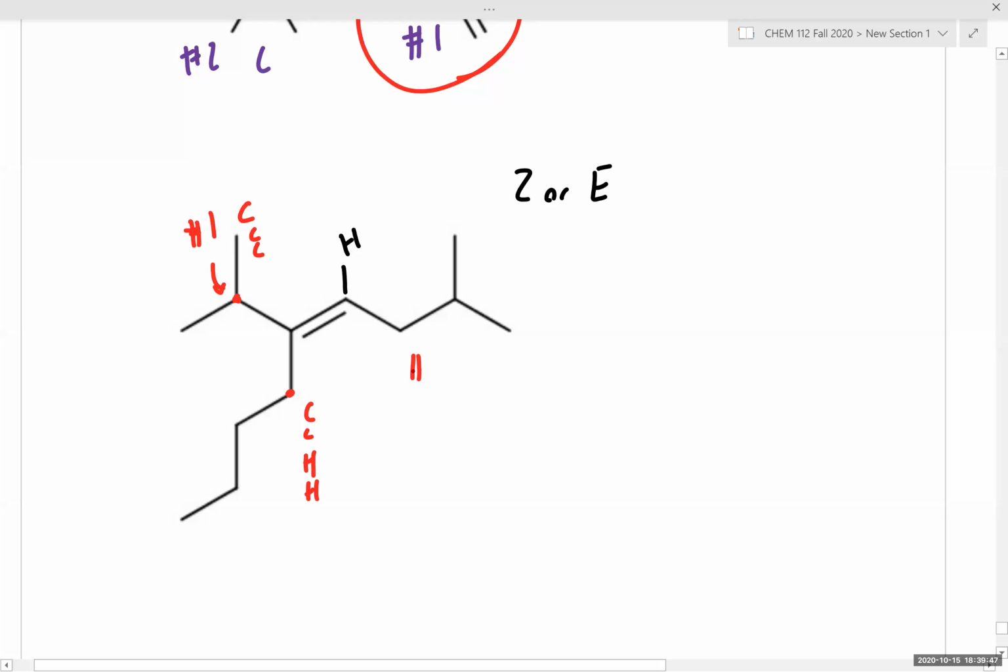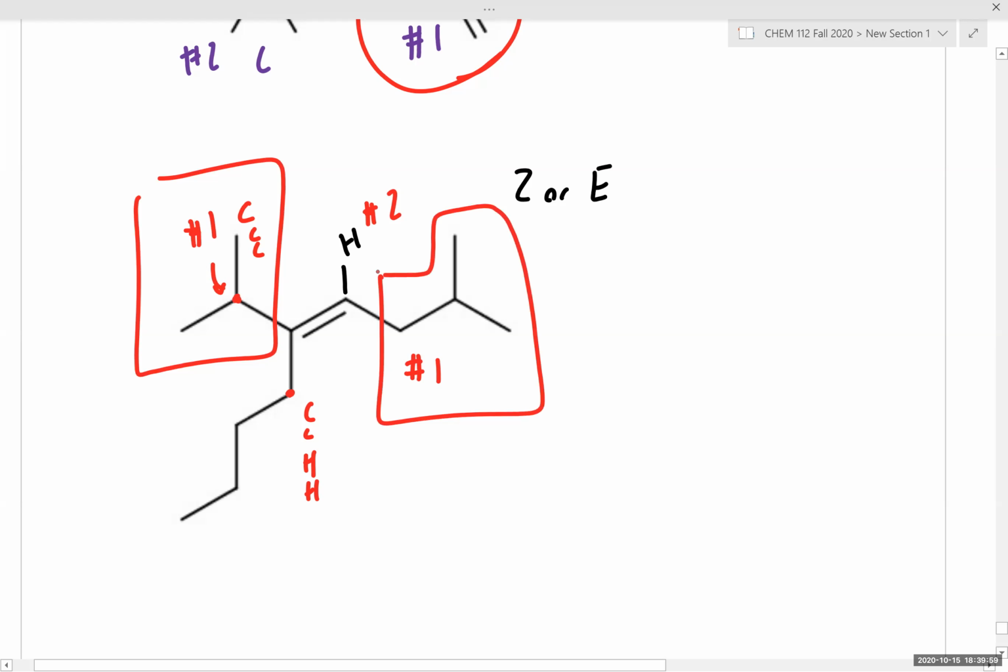Hydrogen, of course, is lower priority. So in turn, on the right-hand side, we have the following priority assignment. Putting a box around our highest priority groups, we see our highest priority groups are on the opposite side. Ergo, this would be an E alkene.